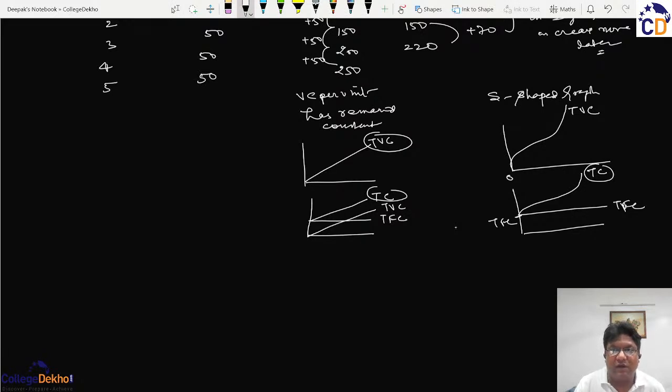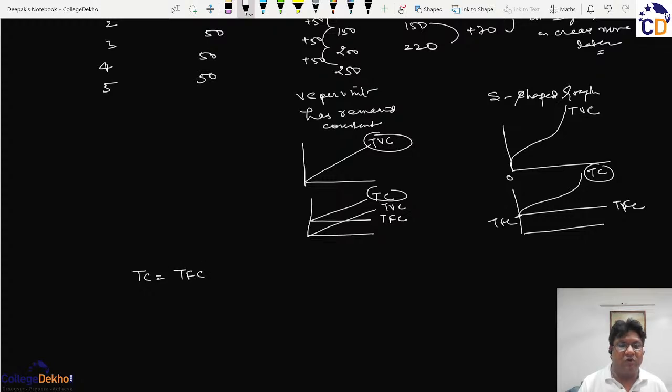If the variable cost increases in constant form, then it will be a straight line. And if the variable cost per unit increases slowly in the beginning and at a higher rate in the later stages, then it will be an S-shaped graph.